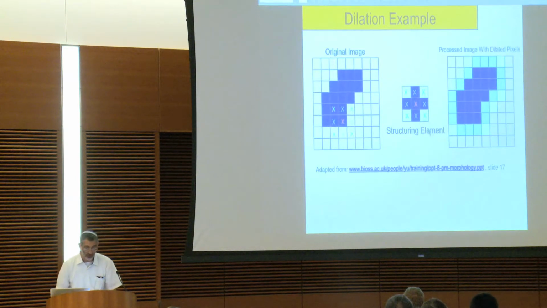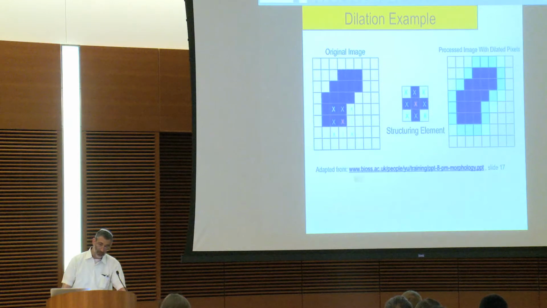And if my structuring element, that's what the kernel is called, includes the corners, then these green pixels will be added. This is what we're talking about when we say 4 connectivity, 8 connectivity. The cyan X's around here are 4 connected, and if you include the corners, that's called 8 connected, and there are times you want it one way or the other.